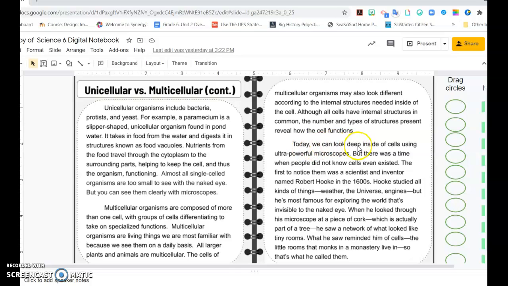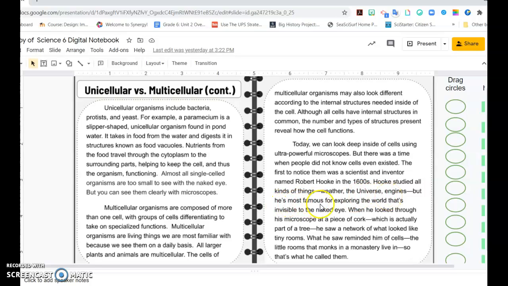Today, we can look deep inside of cells using ultra-powerful microscopes. But there was a time when people did not know cells even existed. The first to notice them was a scientist and inventor named Robert Hooke in the 1600s. Hooke studied all kinds of things: weather, the universe, engines.